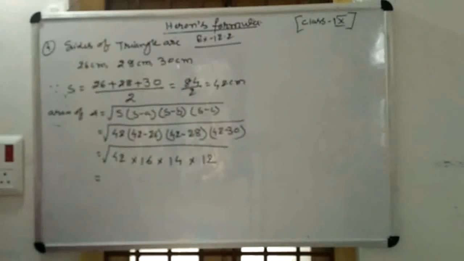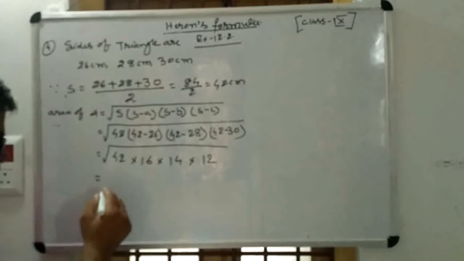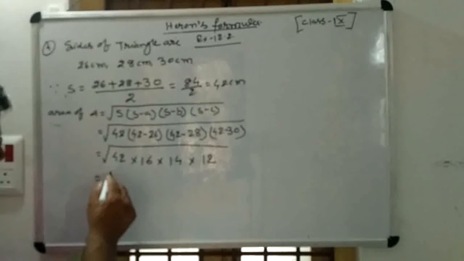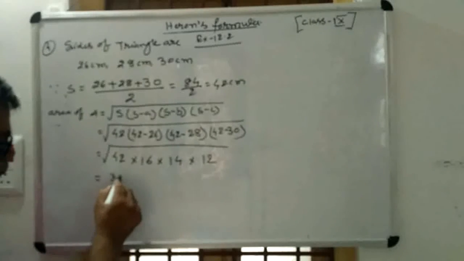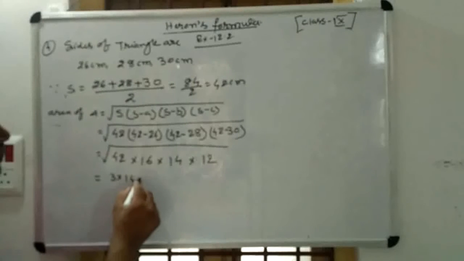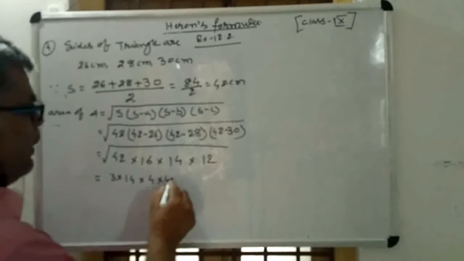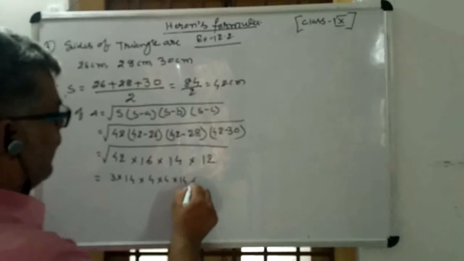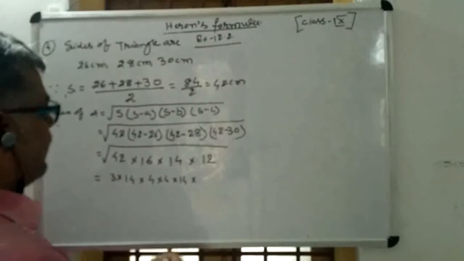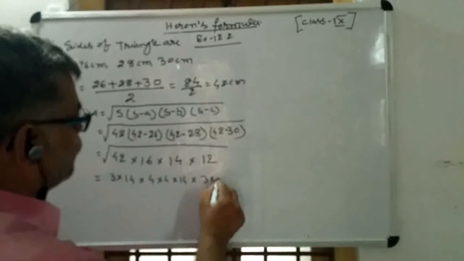So we can write 42 as 3 into 14, 16 can be written as 4 into 4, 14 as it is, and 12 can be written as 3 into 2 into 2.